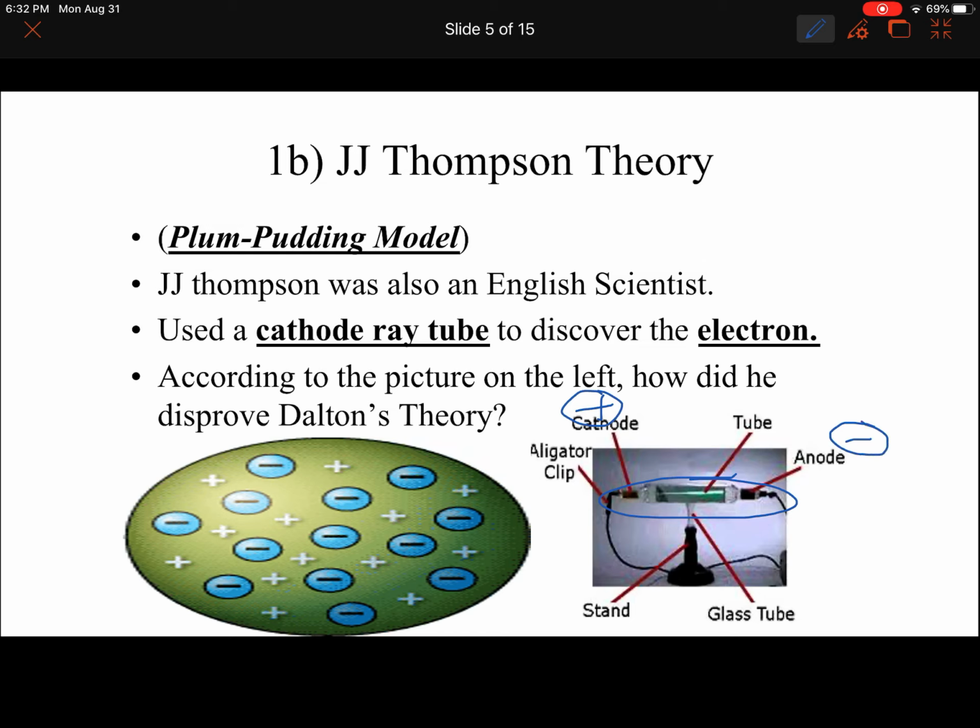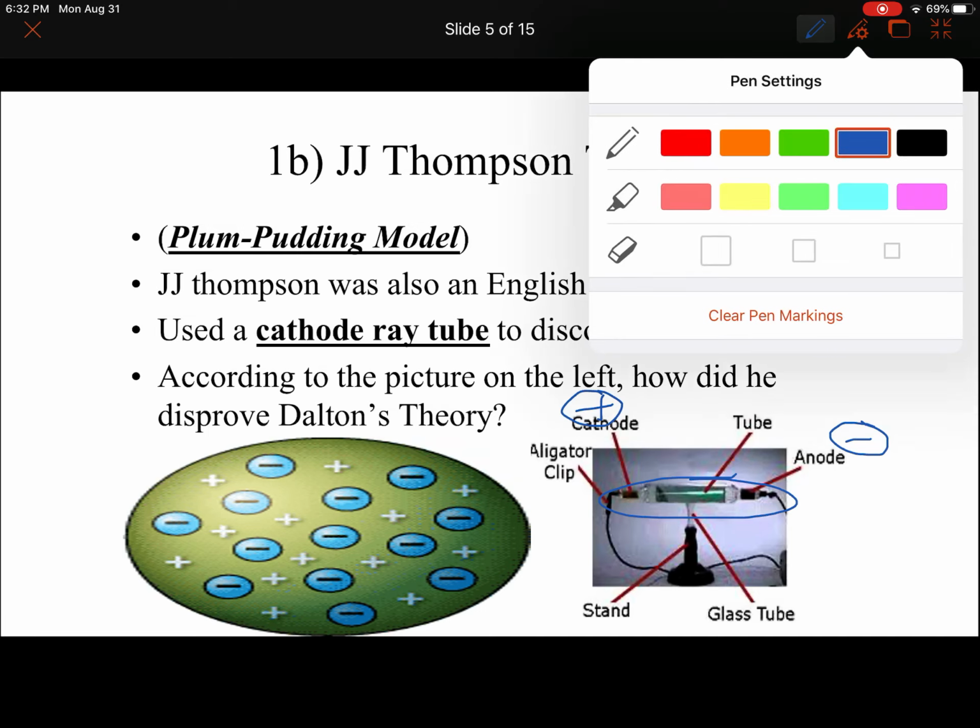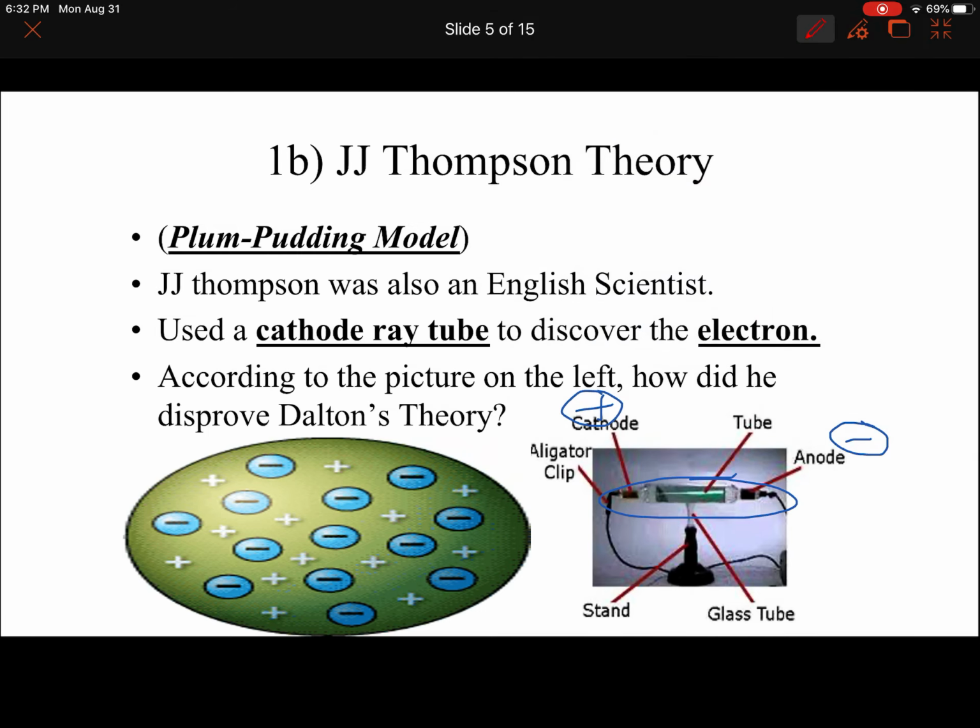Now, when they passed the beam through the cathode ray tube, they found that the beam would bend towards the positively charged cathode. So they said, wait a second, hold on. There must be some charged particle inside the atom.